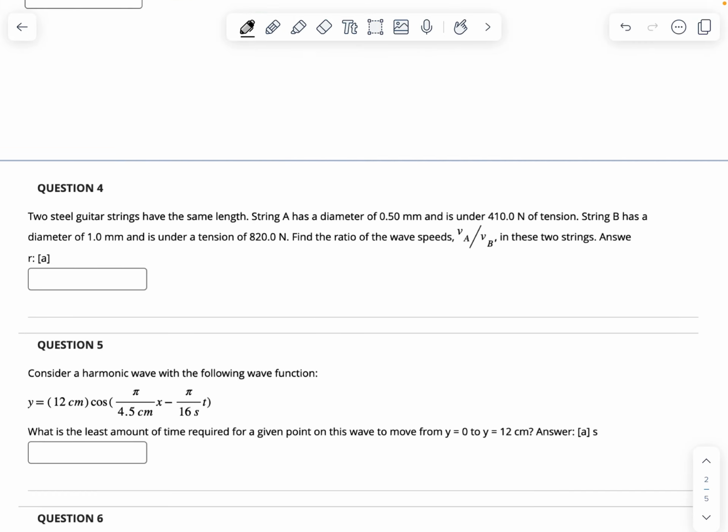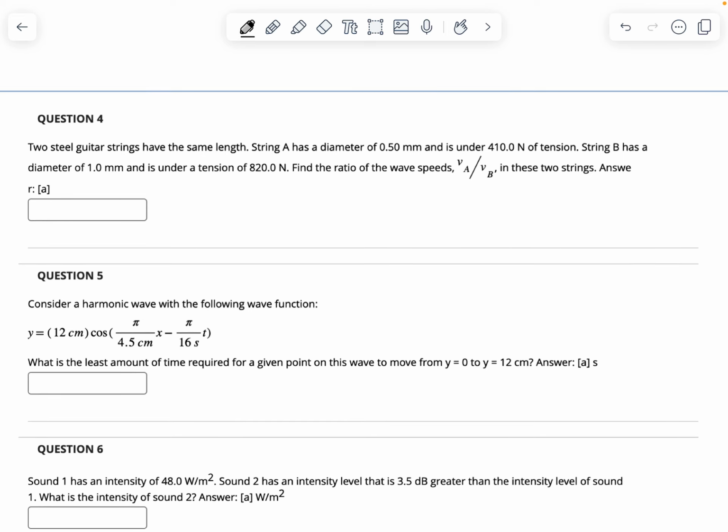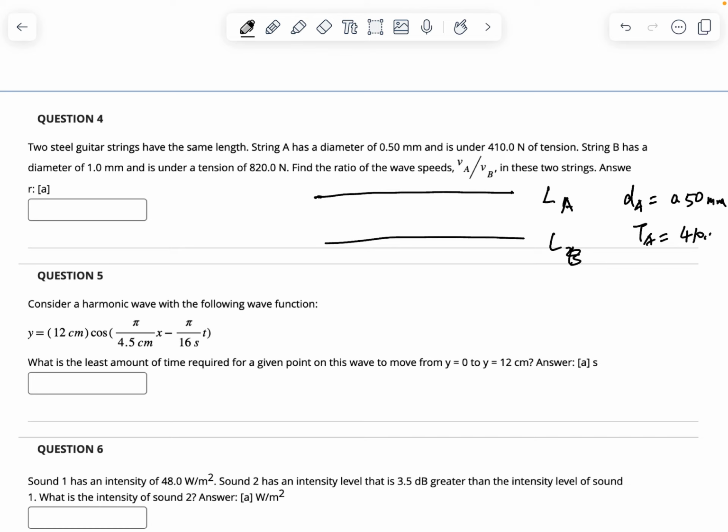All right, next one. Number 4. 2 steel guitar strings have the same length. Okay, strings have same length, right? So this is L1, L2. Okay, and string A, string B. String A has a diameter dA equal to 0.50 millimeter. Okay. Under TA equal to 410 Newton tension.